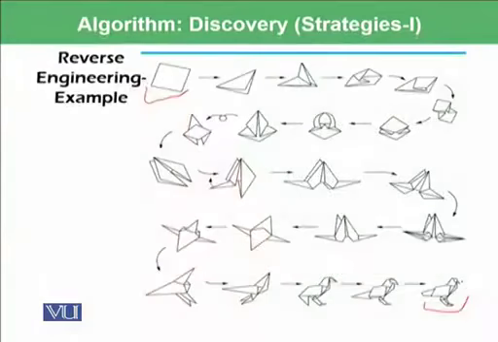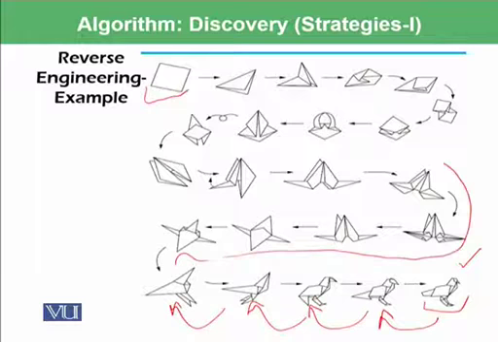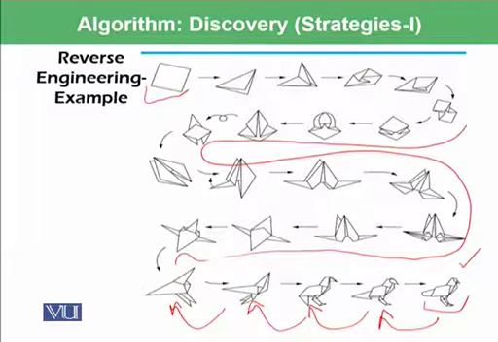So let's see, if you have such a problem that you have the paper and you have come up with the bird, then to understand the algorithm of how paper was converted to the bird, you need to unfold the bird to this, to this, to this, and so on, going in the backward direction.